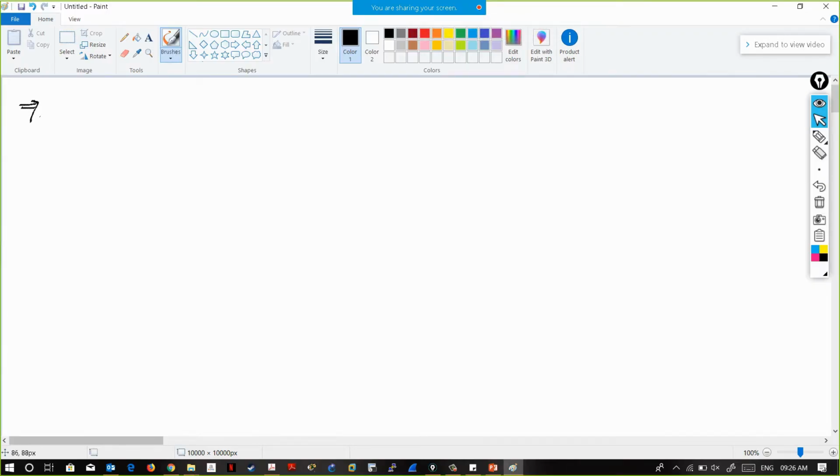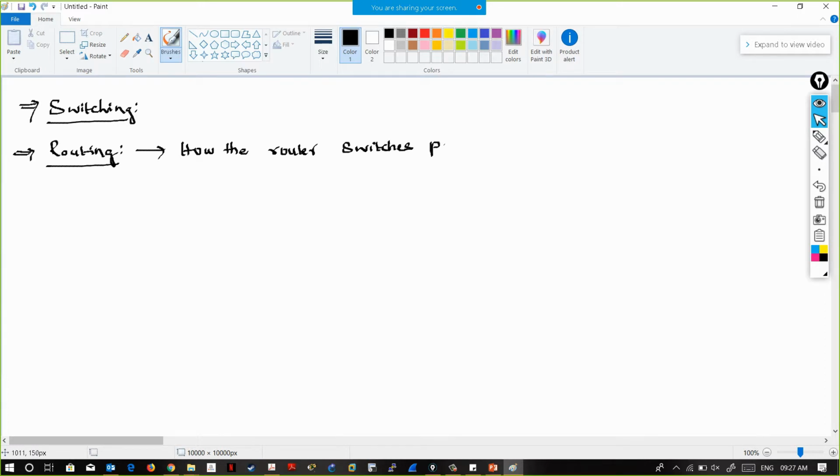So we have seen complete switching, right? Today we'll be starting with routing. In routing we have already seen how the router switches packets in how many ways, right?